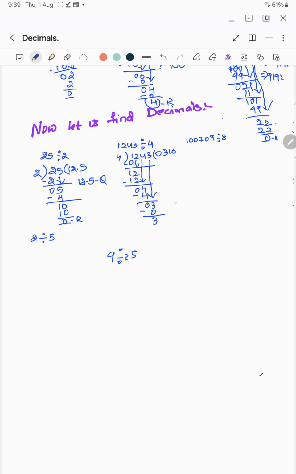So to find the decimal, we add a point here and add a 0 here. Now 4 7s are 28, 2. Next we add a 0 here, and 4 5s are 20, which is equal to 0. So this will be the remainder, and this will be the quotient.